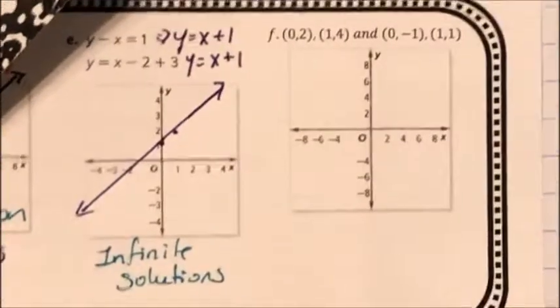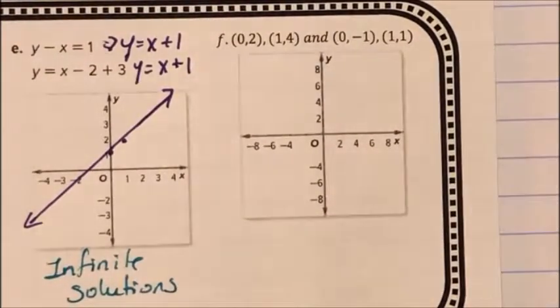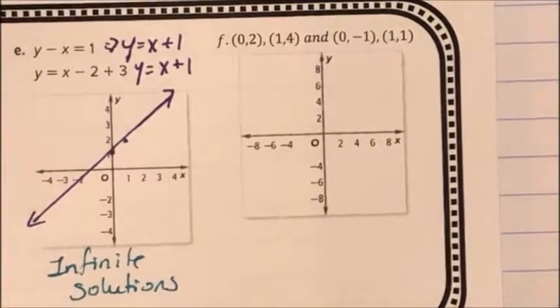Second one, I'm given 2 sets of coordinate points. So I need to find my slope for each of these.